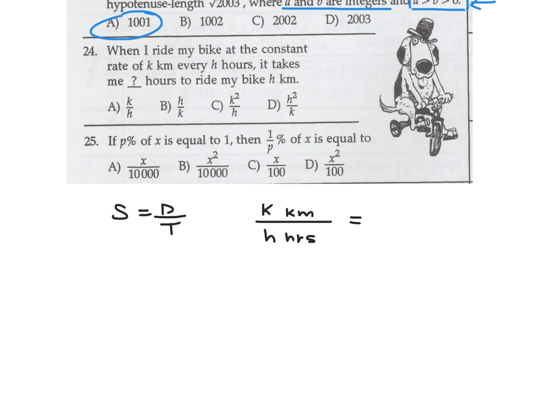So distance for the other scenario is h kilometers over a certain number of hours. So cross multiply, and we have k times the question mark is h squared. So then the question mark would be h squared over k. Be careful here because they look similar. That I believe is D.